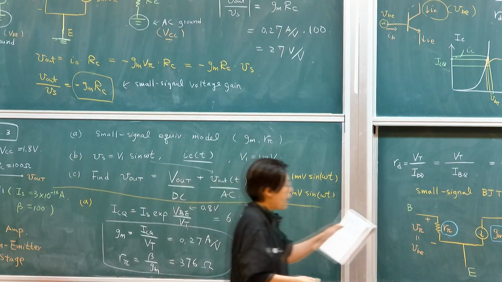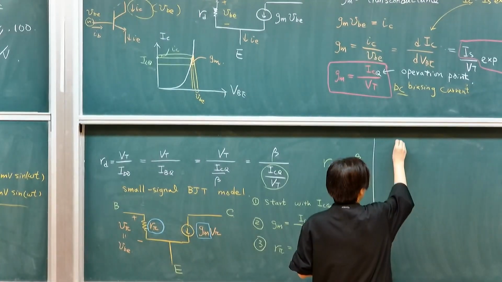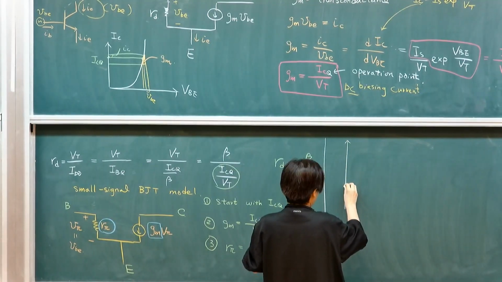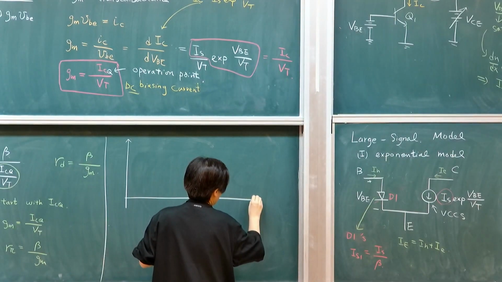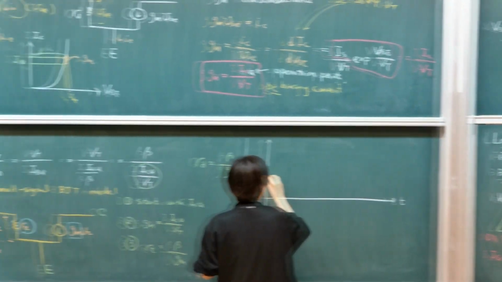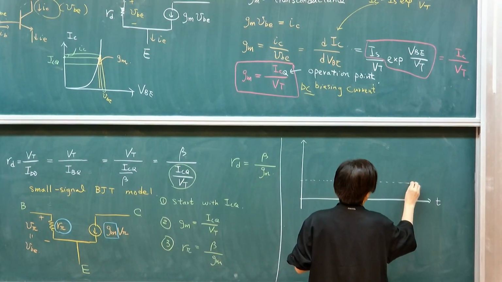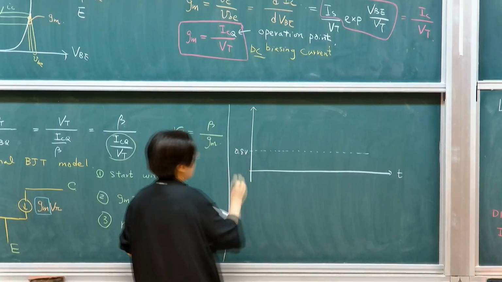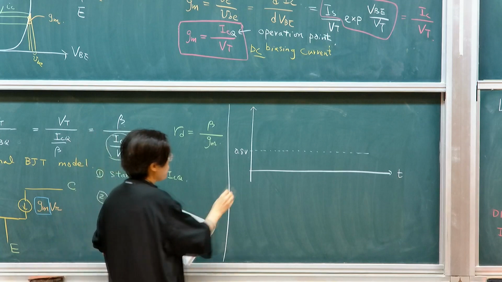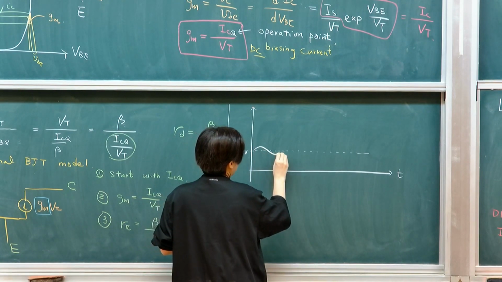So what it means is that if I'm drawing my input and output in a time scale, remember my input terminal is at 0.8 volt, right? And then it modulates at a rate of 1 millivolt.